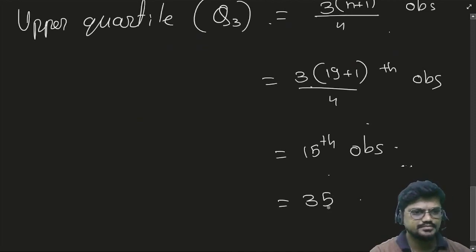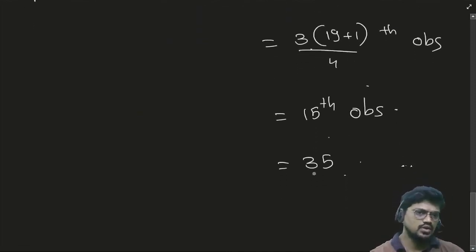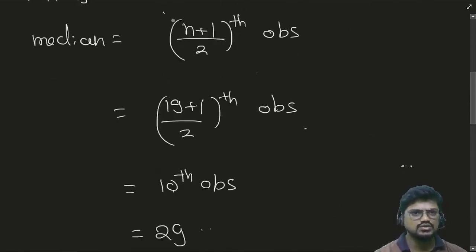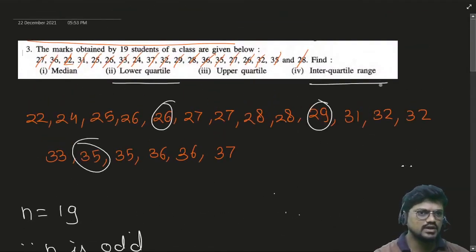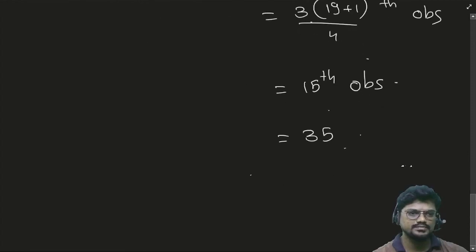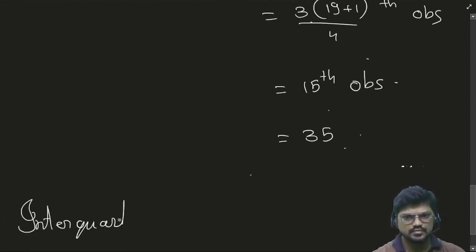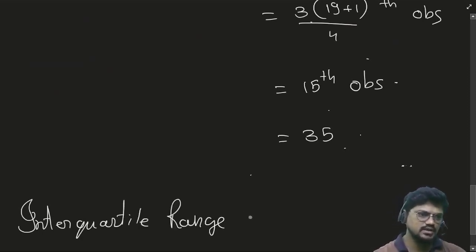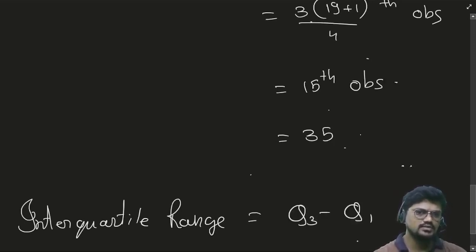Is that clear? So this is your lower quartile and upper quartile, and the next is the interquartile range. They have also asked you to find the interquartile range. The interquartile range is given by Q3 minus Q1.